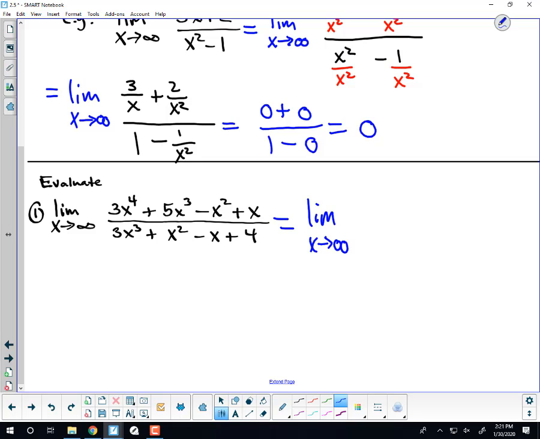So the leading term in the numerator, just make sure that we're identifying it correctly. It is in order, so it's 3x to the fourth over 3x cubed. And again, before you compute the limit at infinity, make sure you simplify this.